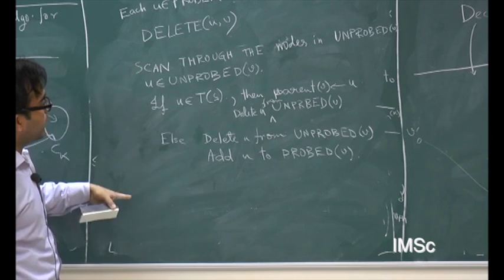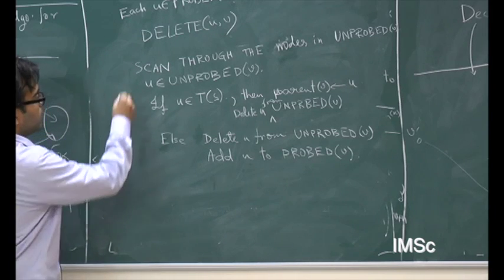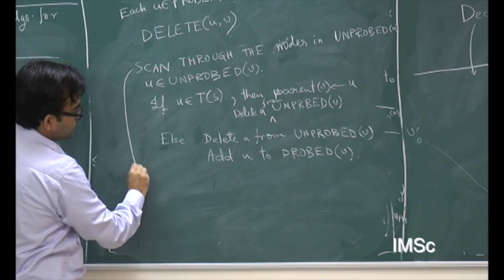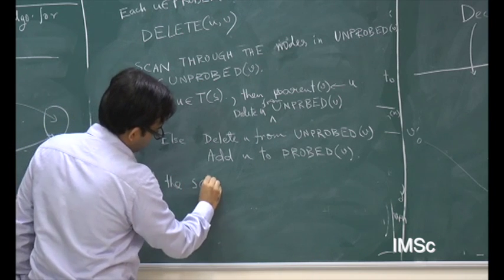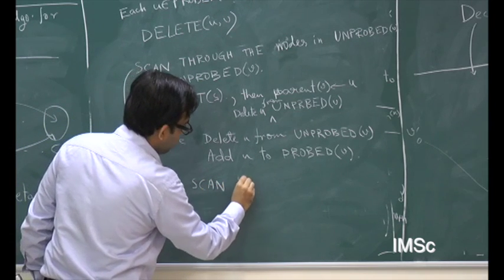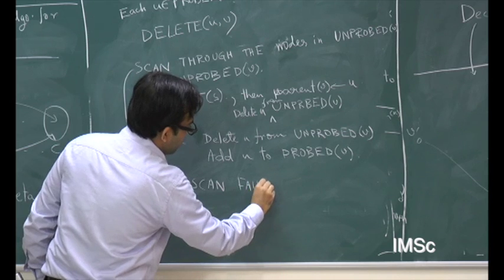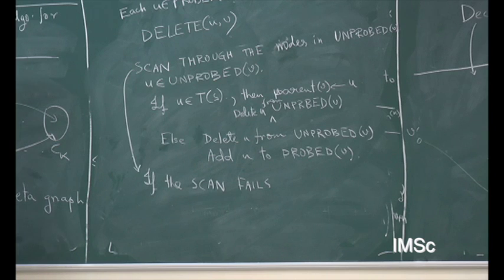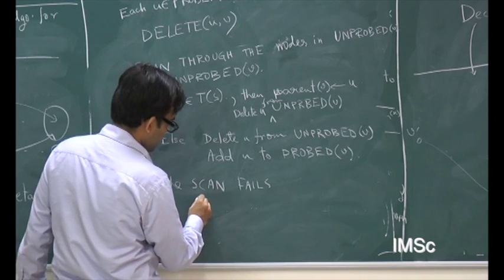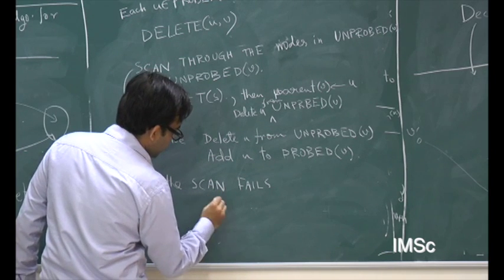And after this scan, if you fail to find a parent, when the scan fails, the list unprobed V is empty, right, there is no other unprobed node. Then what you do?